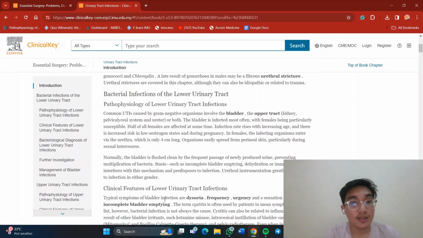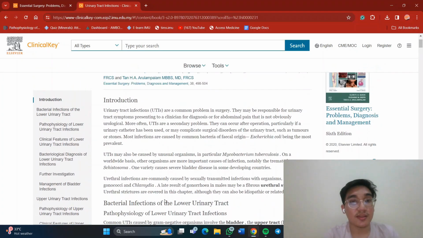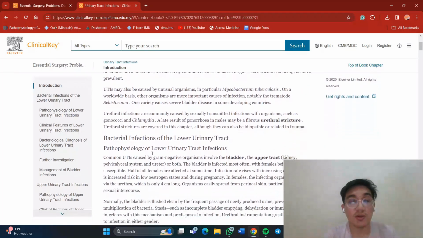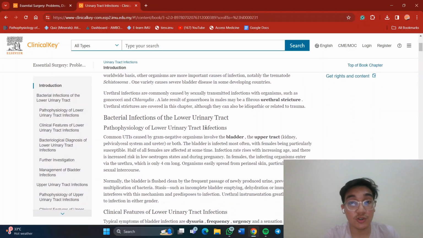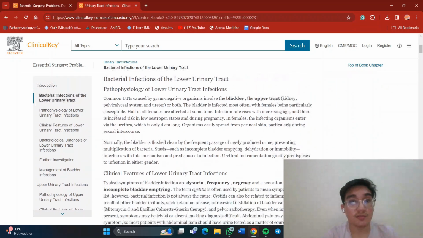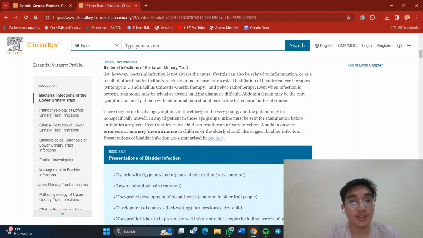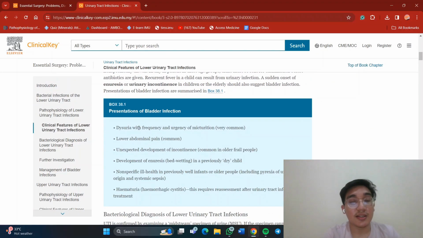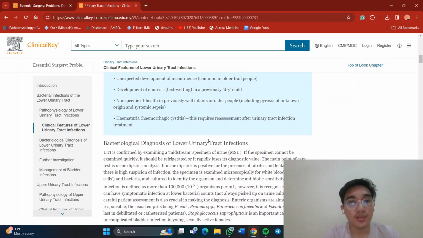For example, under introduction, it talks about bacterial infection of the lower urinary tract. We have the pathophysiology, the clinical features, and here it made the blue box, which you can easily see and remember, to easily digest, comprehend and study for later on.